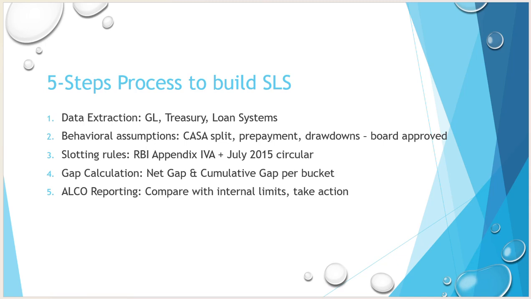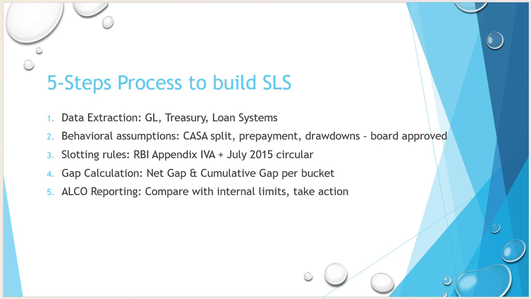And then the splitting rules: RBI Appendix IV plus the July 15 circular. We identify those rules and accordingly apply them while creating the structural liquidity statement. Then gap calculation, net gap or cumulative gap per bucket. What are the inflow and outflow gaps per bucket, how much inflow we are expecting in that time bucket, and how much outflow we are expecting.